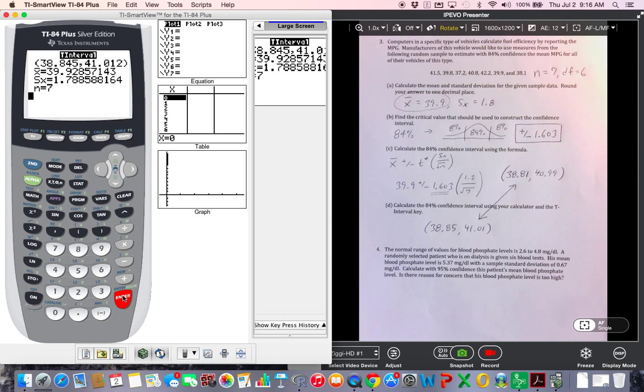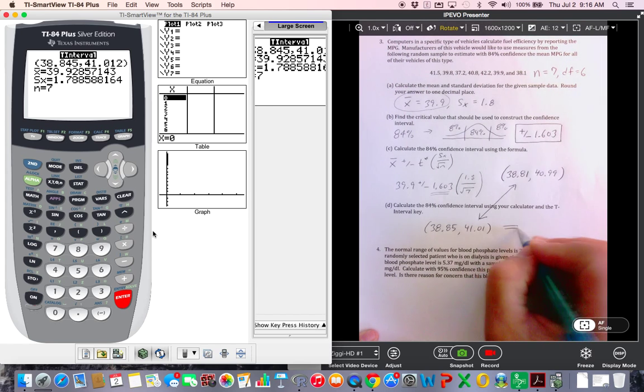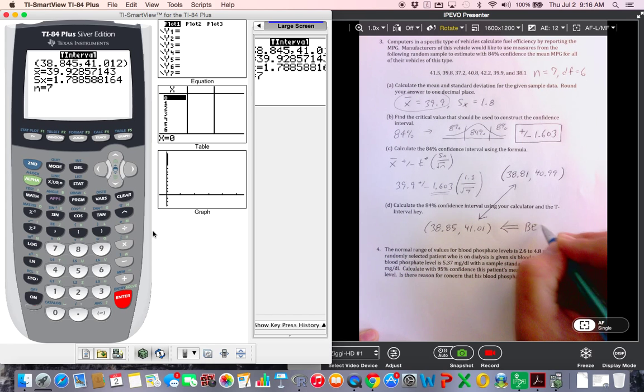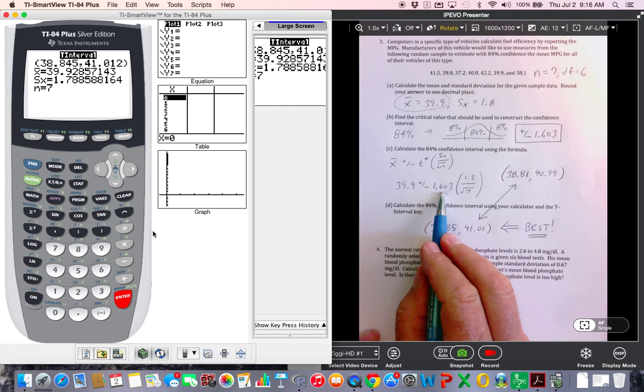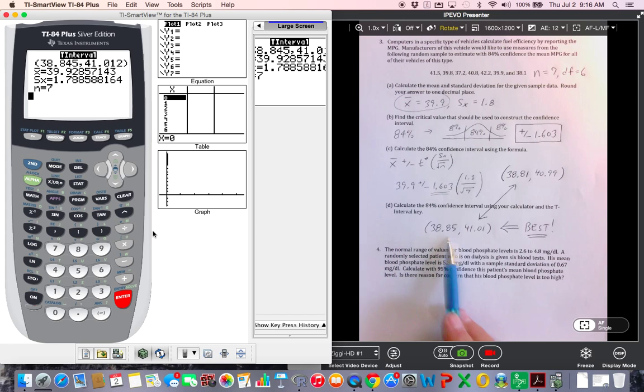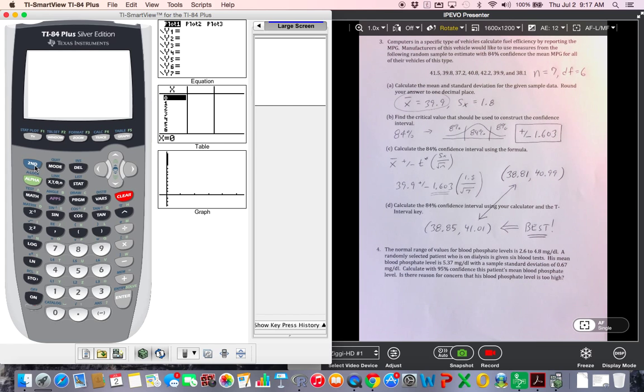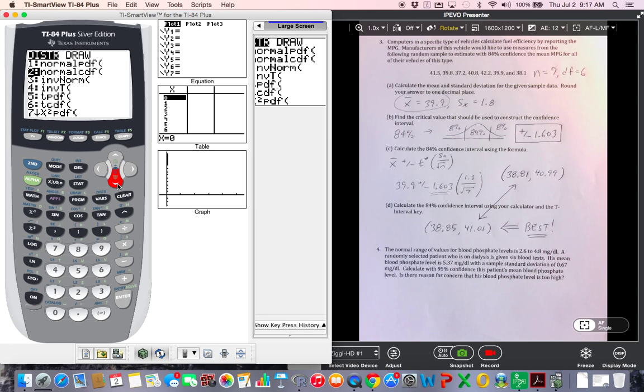Now, let me show you a way. It's a little complicated. This answer is best, because this one used an approximation of 1.603 plus or minus 1.603. Let me show you in your calculator how to get this without doing a whole lot of typing. So if I wanted the answers to come out exactly right, I can do inverse t.